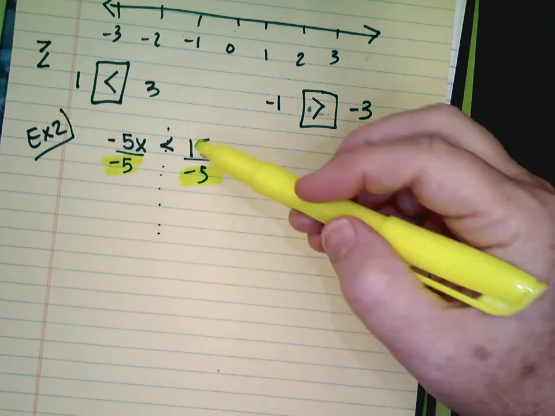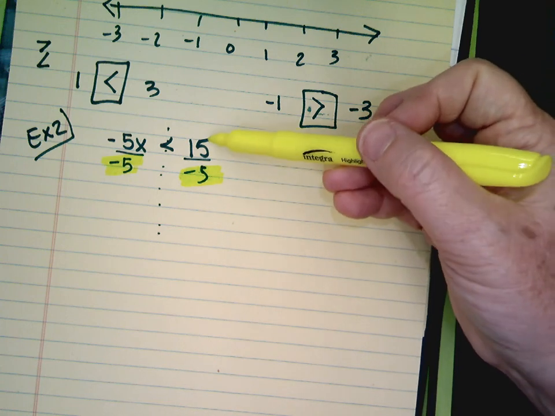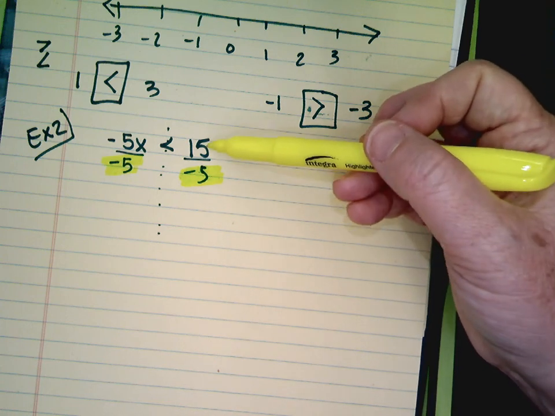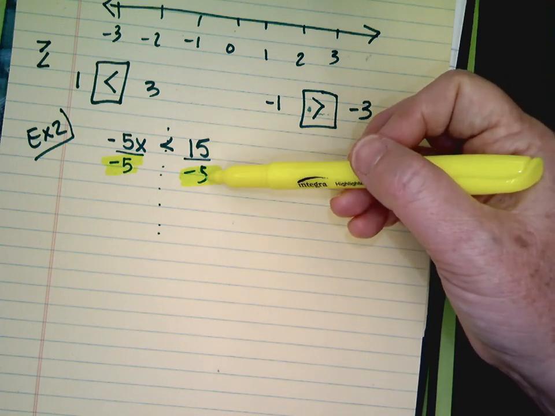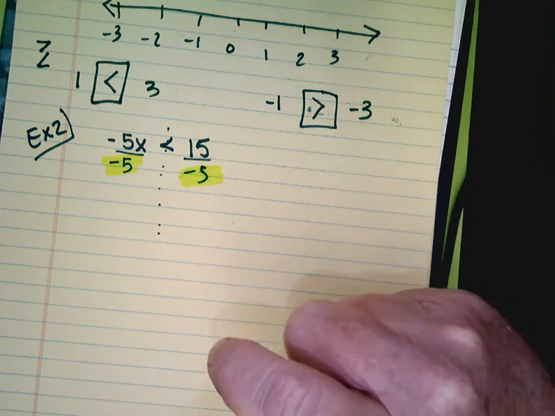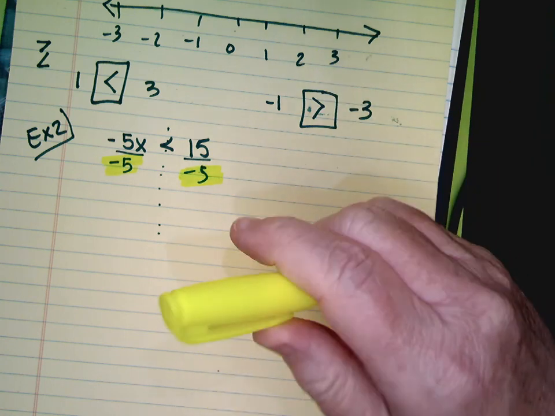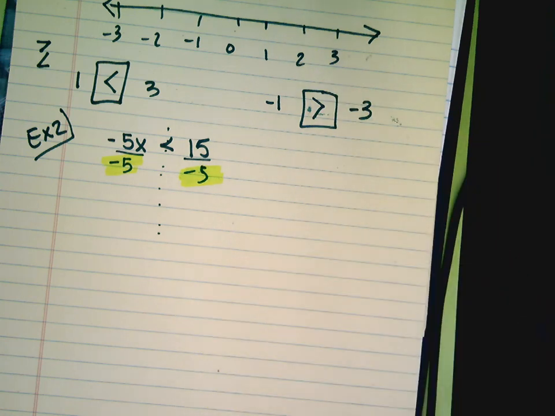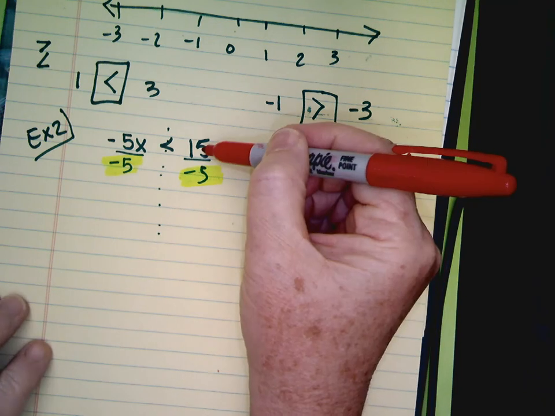When you divide by negative, 15 was positive at the beginning of this story. When you divide it by -5, what happens to it? Tell me why you flip the sign. Okay.